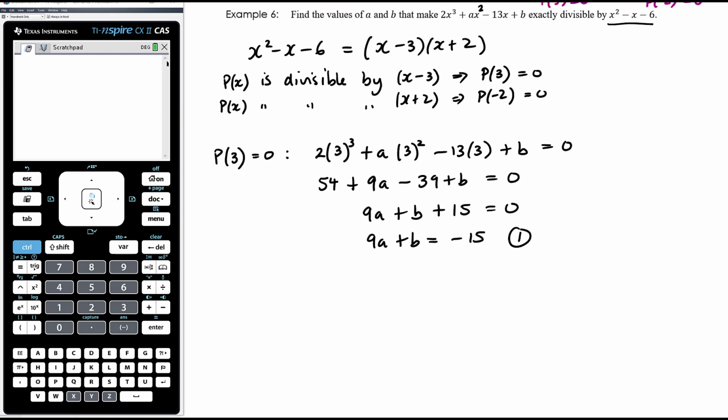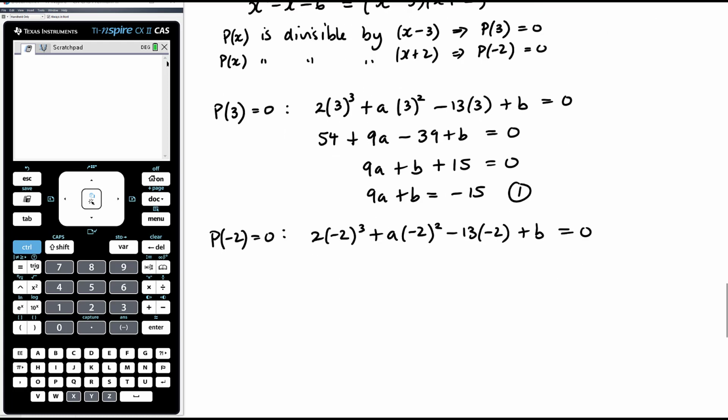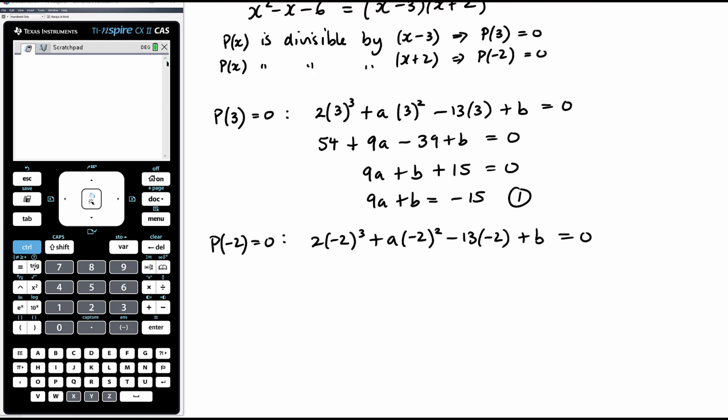And then my other equation is going to come from p of negative 2 equals 0. So 2 times negative 2 cubed plus a times negative 2 squared minus 13 times negative 2 plus b equals 0. Okay, so negative 2 cubed is negative 8, times 2 is negative 16, negative 2 squared is positive 4, negative 13 times negative 2 is positive 26, and plus b equals 0.